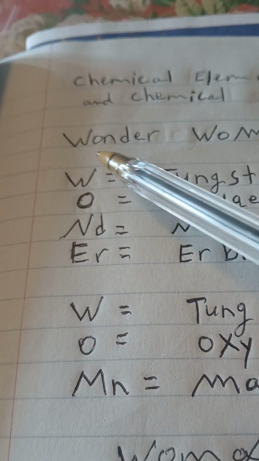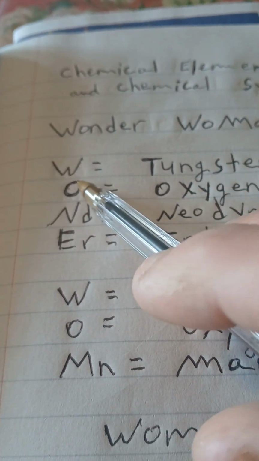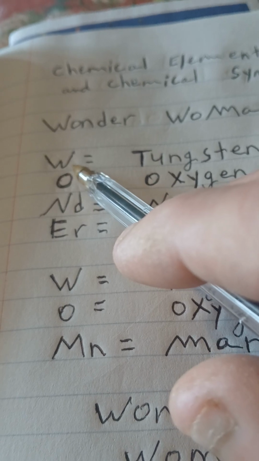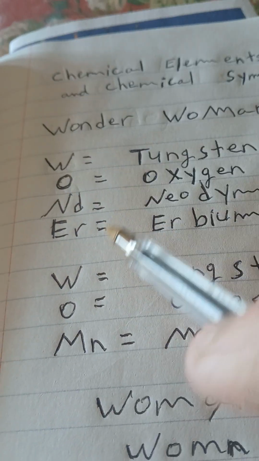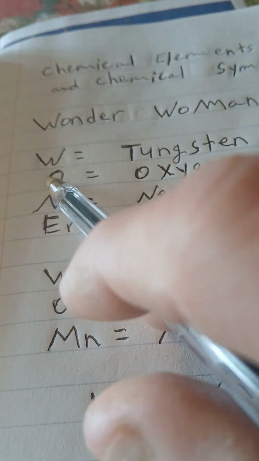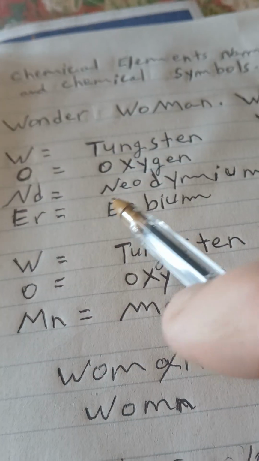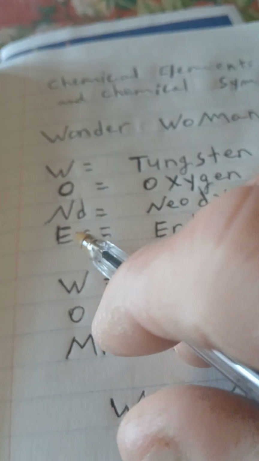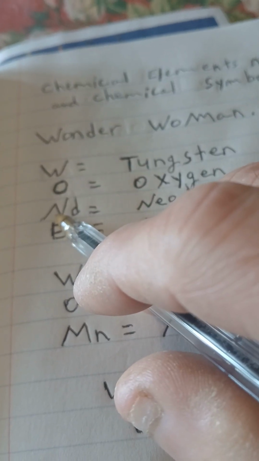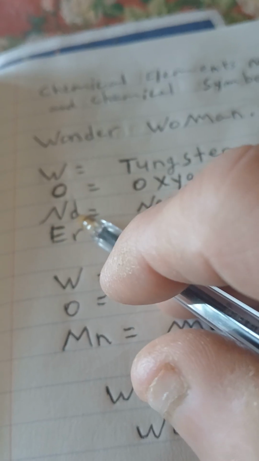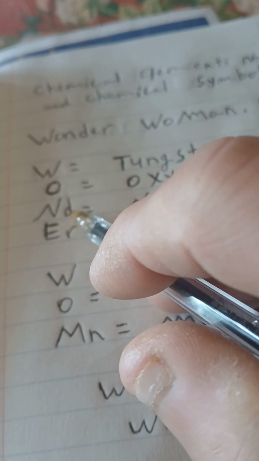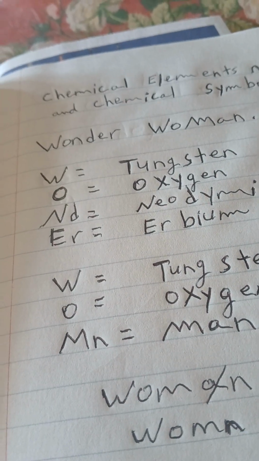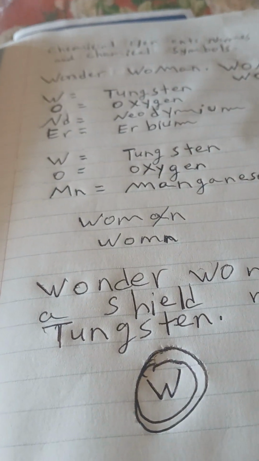Remember I told you that if the chemical symbol has one letter, it gets a capital letter, like tungsten has W, so that's capital W. Oxygen has one letter, that's capital O. But when we have a chemical symbol with two letters, like neodymium, the first letter gets a capital, like the capital N, and the next letter is a small letter, like a small d. Here we got erbium, capital E and a small r. See how it works? Okay? That's how it works out in a periodic table of elements.